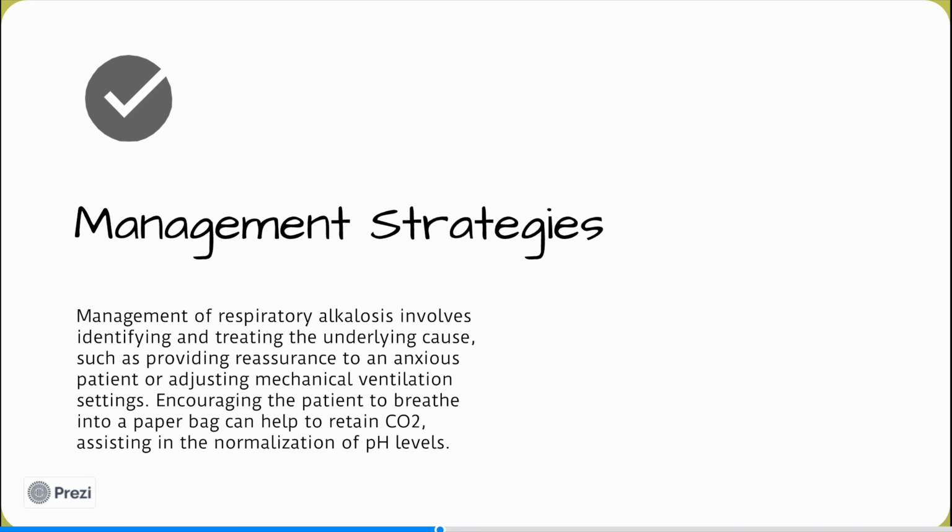Management of respiratory alkalosis involves treating the underlying causes. Always focus on treating underlying causes and providing reassurance to an anxious patient, or adjusting the mechanical ventilation settings. Encouraging the patient to breathe into a paper bag can help to retain carbon dioxide, and carbon dioxide equals acid.